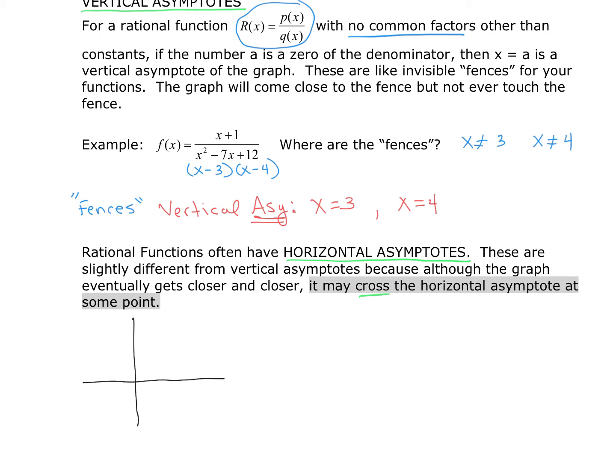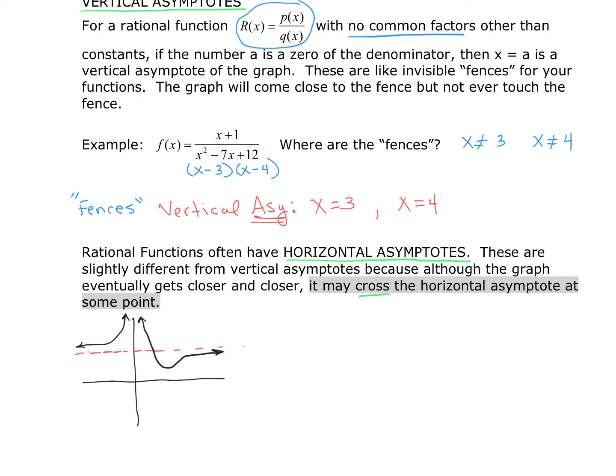Let's say we had a horizontal asymptote here, and we might have a function that maybe goes like this on the one side and maybe goes like this on the second side. So it's going to cross the horizontal asymptote, but eventually as x gets arbitrarily large, it's going to get closer and closer to that dotted line.